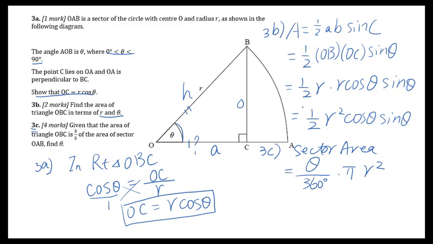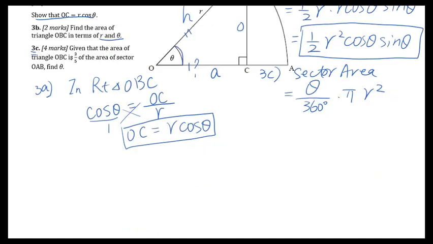Then the triangle area is this one. Then according to this, the area of triangle OBC is 3/5 of the area of sector OAB.